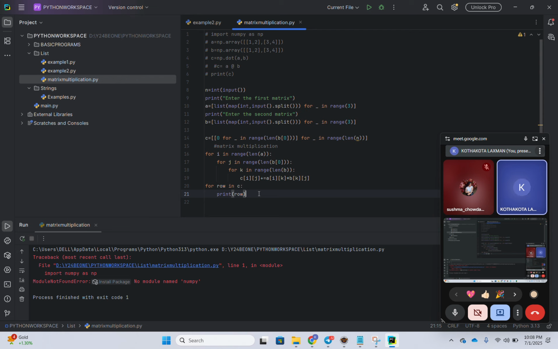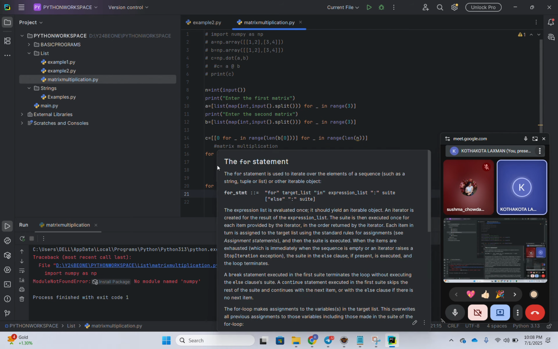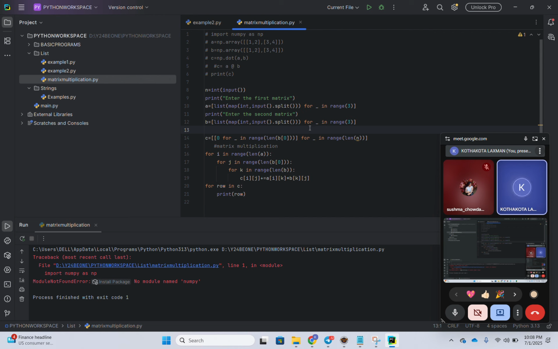So this is the correct order. There will be indentations. I was trying to overcome that. I gave 3. Are we getting any errors?